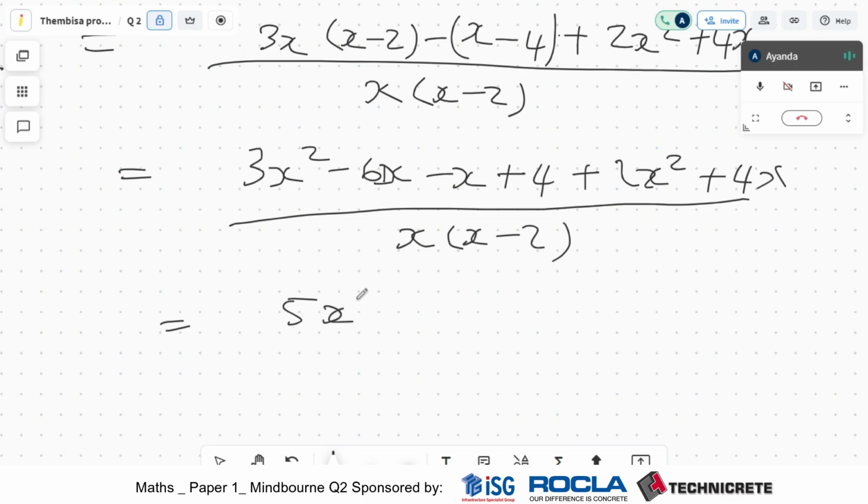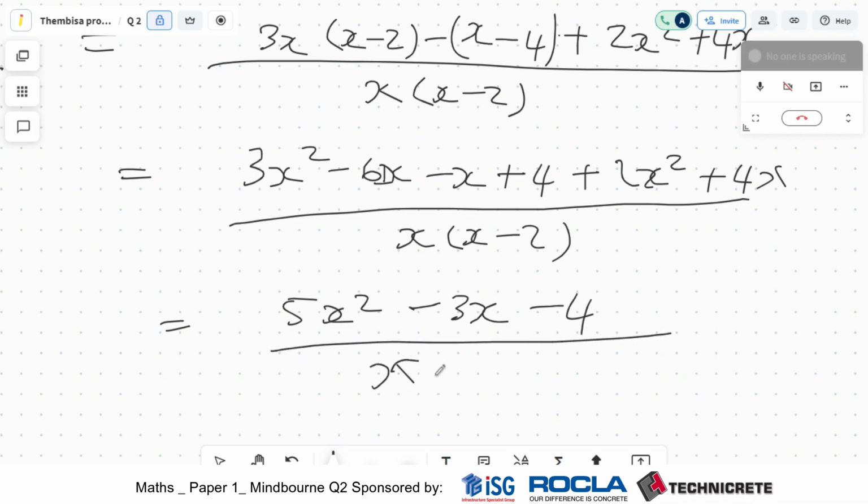That gives us 5x squared. Here we have negative 6x minus x plus 4x. So that's negative 6 minus x gives us negative 7 plus 4 is negative 3x. And then we just have a 4 plus 4. All of that divided by x times x minus 2. And that is our final answer.